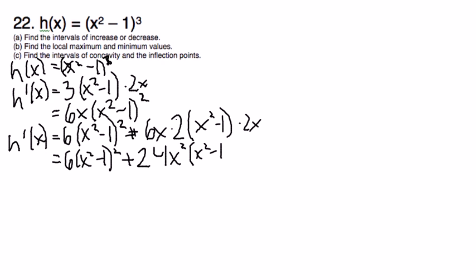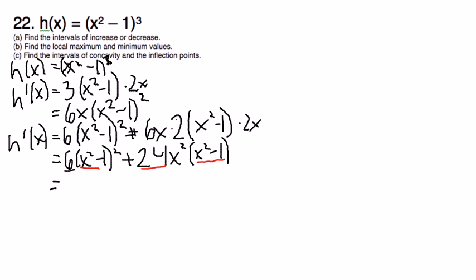And then you see something very important here that will really help us. You can see that both of these include a common factor, and you also can take out a 6 because 6 goes into 24 here. So what we're going to do is simplify it a little bit better.